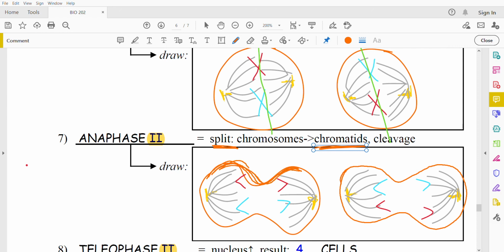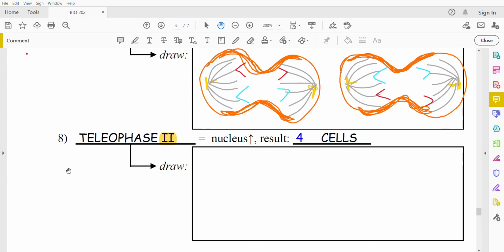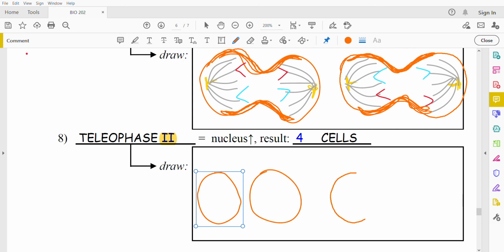In addition, we're starting to see this cleavage again, the formation of where the cells will pinch off into two. So that's starting to become visible as well during anaphase 2, especially towards the end of anaphase 2. And the final stage that we have to go through is going to be telophase 2. And as a result of this meiotic cell division, we're now left with 4 cells.